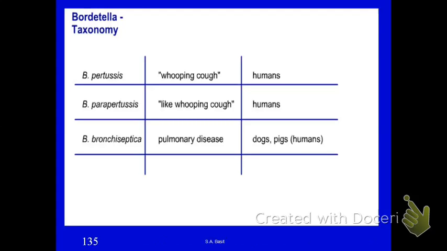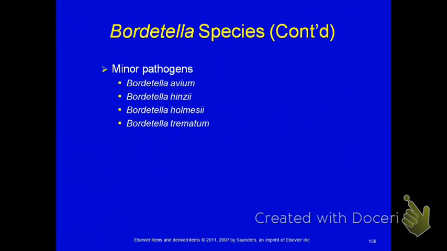Parapertussis means like whooping cough. Bronchiseptica would sometimes affect humans, but mostly affects animals such as dogs and pigs. Minor pathogens include the species avium, hinzii, holmesii, and trematum.